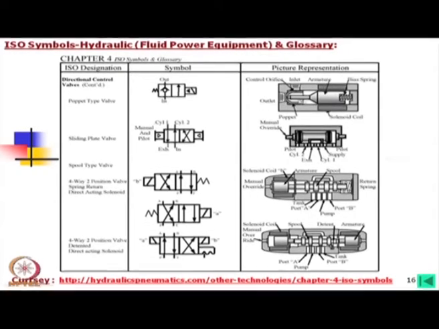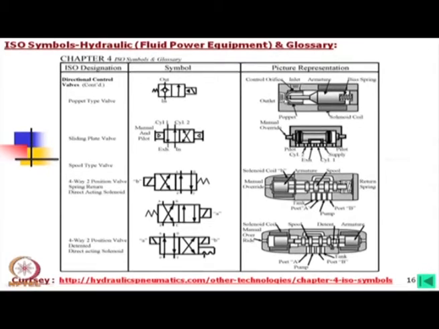As you can see, the flow is going in only one direction. We normally call it a check valve, and the check valve is presented in this way. However, the system can be actuated by a hydraulic system, and in that way it will be directly connected.